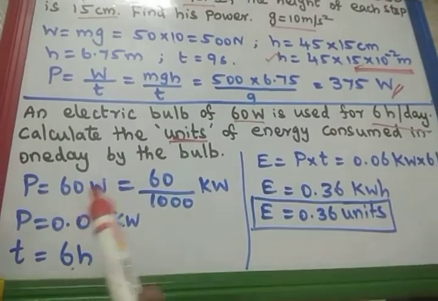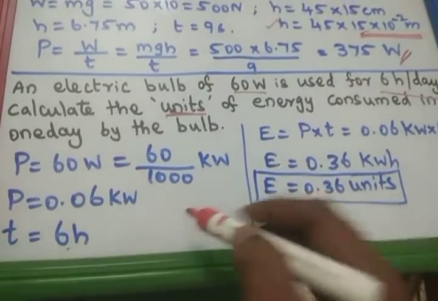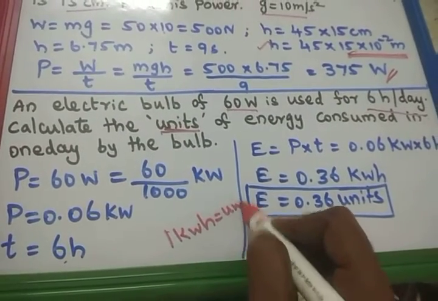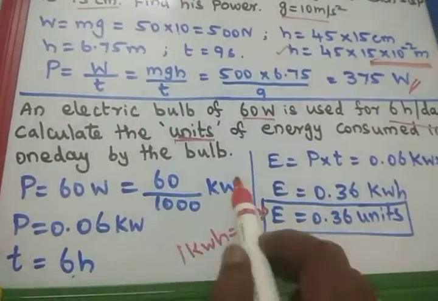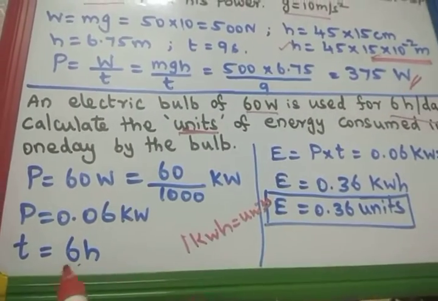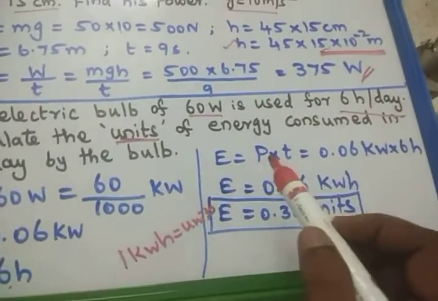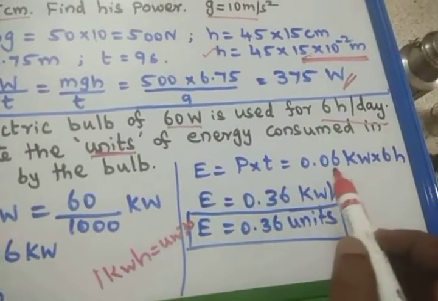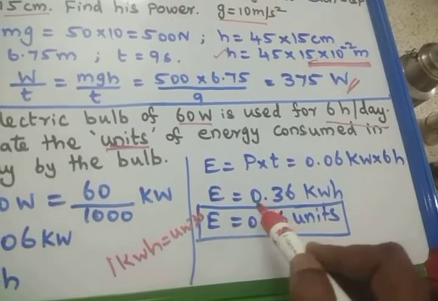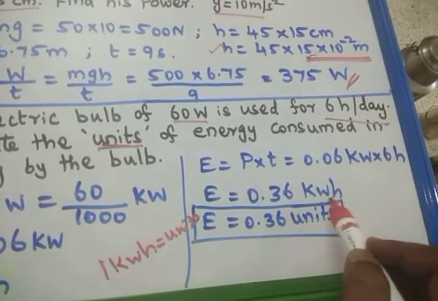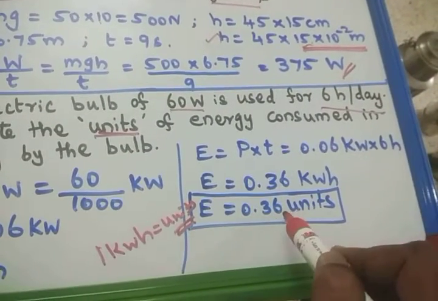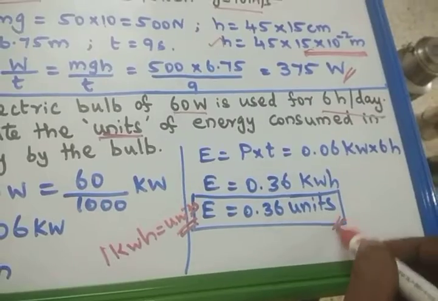The commercial unit is 1 kilowatt hour, which is equal to 1 unit. So we have to convert watts into kilowatt by dividing by 1000. So we get 0.06 kilowatt. Time is 6 hours. Energy is equal to power into time, so 0.06 kilowatt into 6 hours gives 0.36 kilowatt hour. 1 kilowatt hour is equal to 1 unit, so energy is equal to 0.36 commercial units.